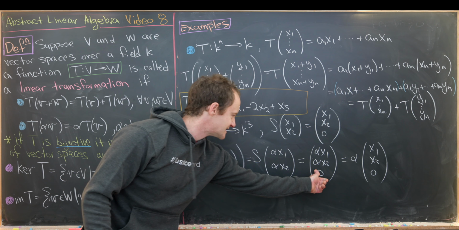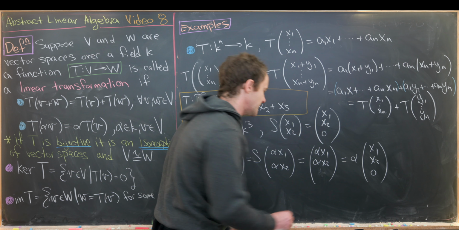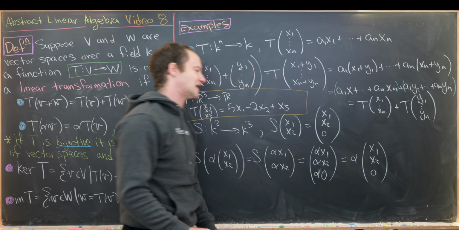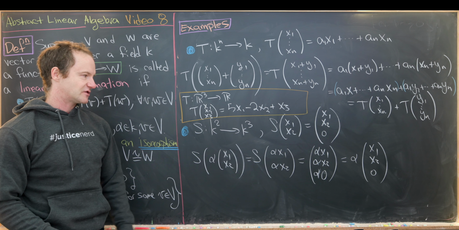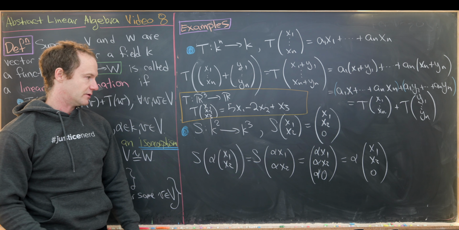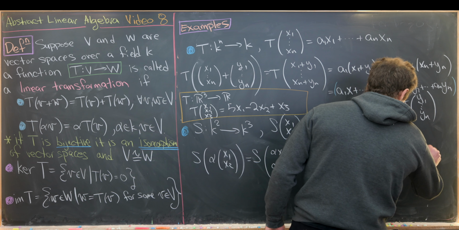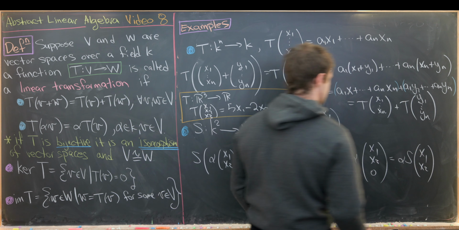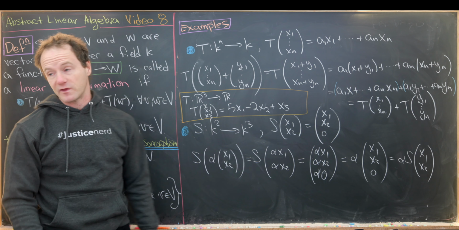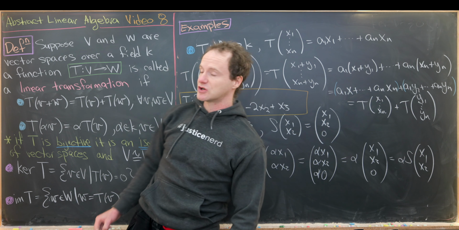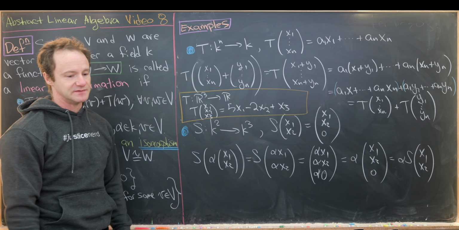And that's because we can take this 0 and kind of trivially rewrite it as alpha times 0. And then we can factor the alpha out of all of the components. But that's going to be exactly alpha times S evaluated at x1, x2. And that's what we need for this scalar multiplication property of the linear transformation to be satisfied.